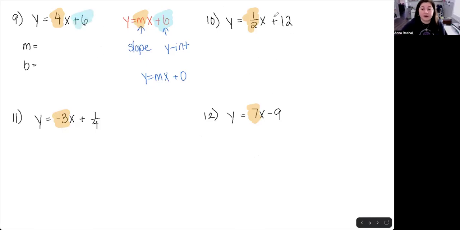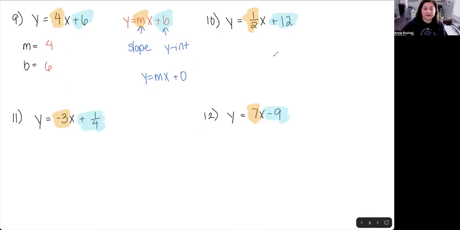Y-intercepts again can be positive numbers, can be negative numbers, can be whole numbers, can be fractions. Those are all of my y-intercepts.